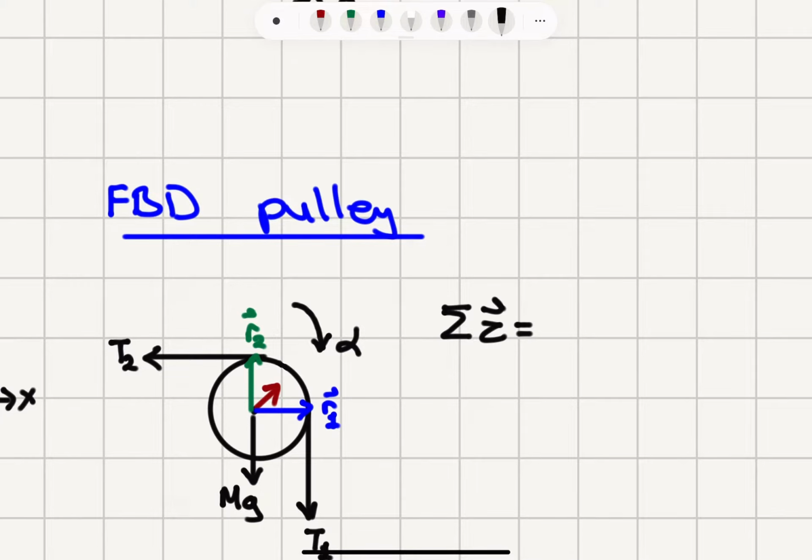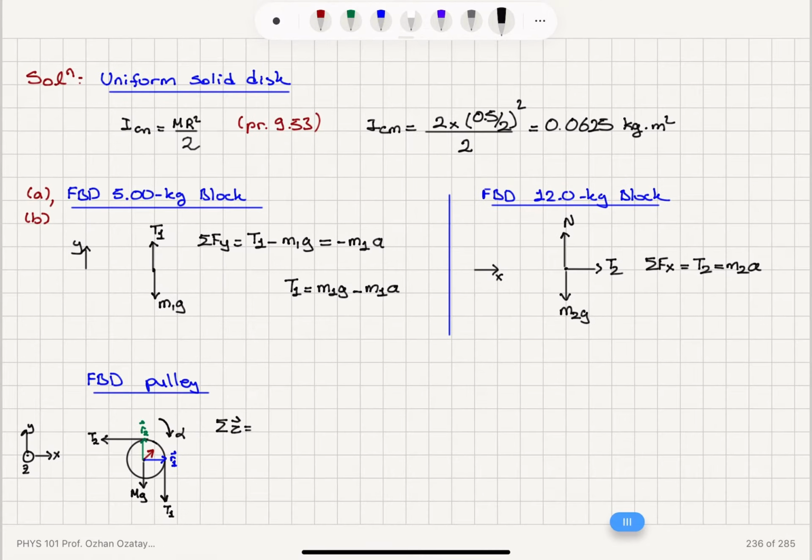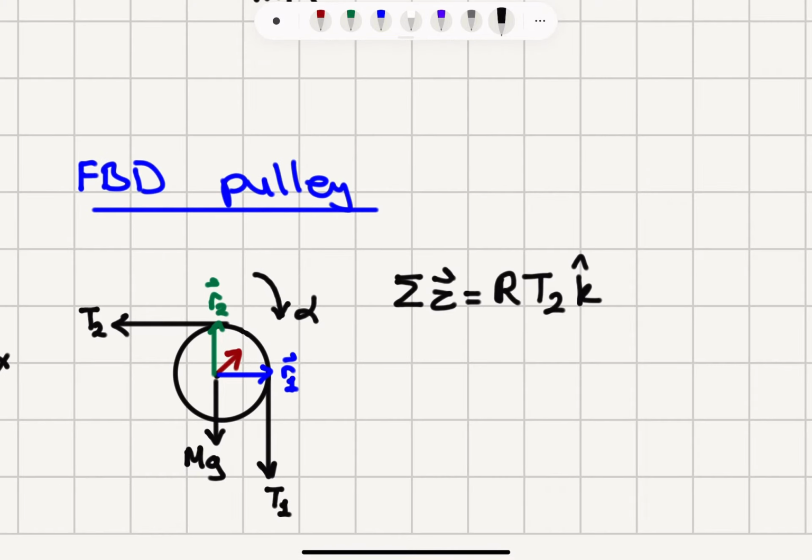We point in the direction of the point of application of the force with our right hand, curl our fingers towards the force T2, the thumb points out of the page. So the torque that we find here is the radius capital R, tension T2 in k hat direction. And for T1, we have the position vector of the application point, that is the tangential point here on the x-axis.